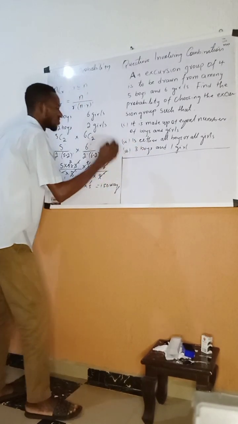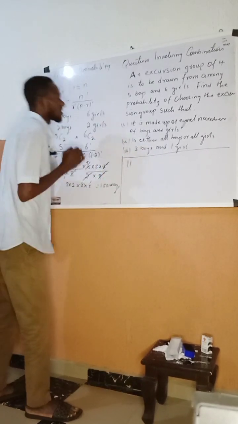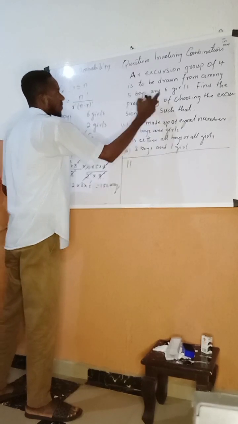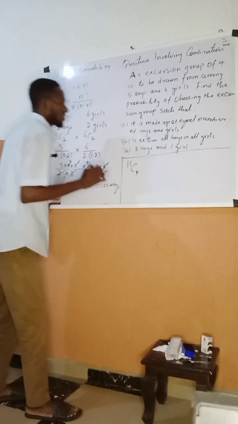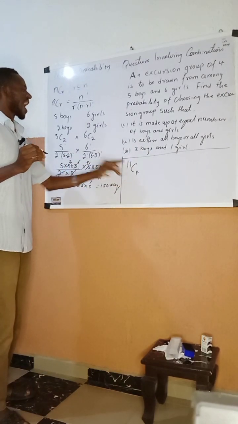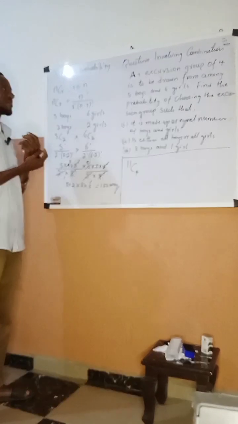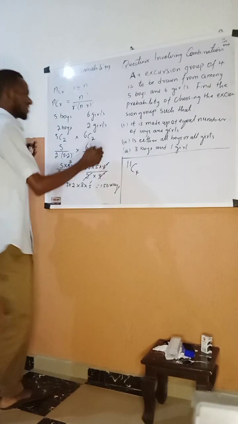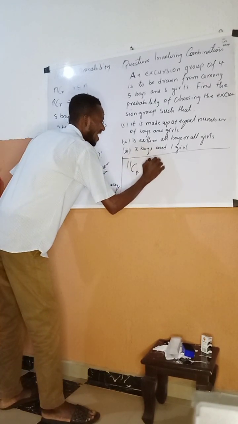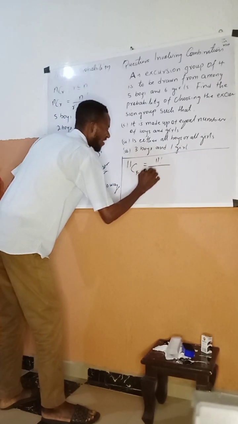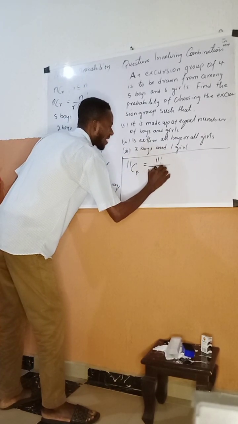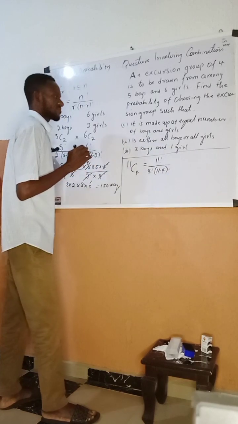And without restriction is going to be 11 persons in all, which is 5 plus 6, combination 4. That is selecting 4 persons out of 11 persons. And of course, this is going to be expressed as 11 factorial over 4 factorial into 11 minus 4 factorial.